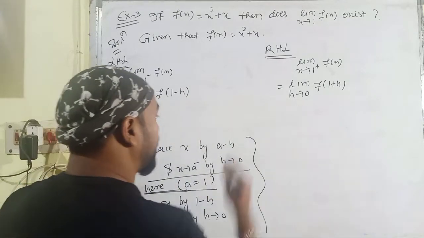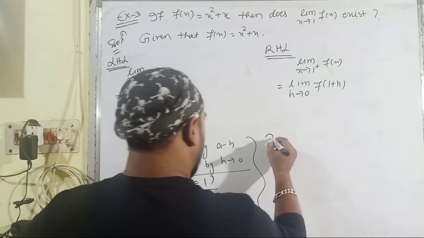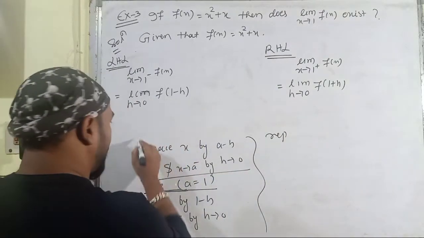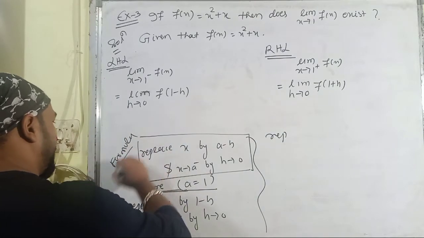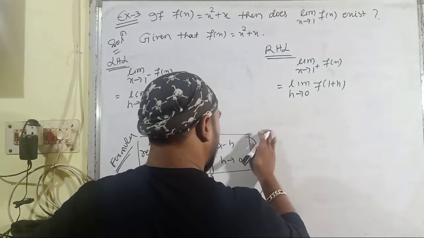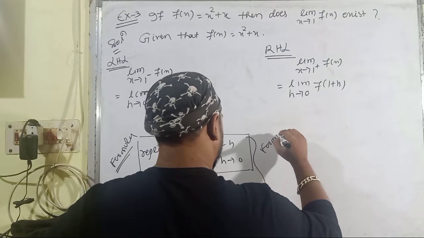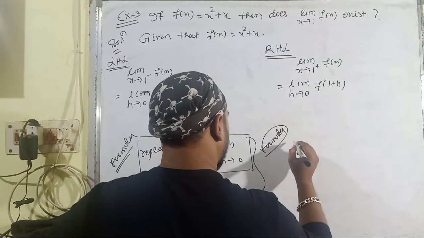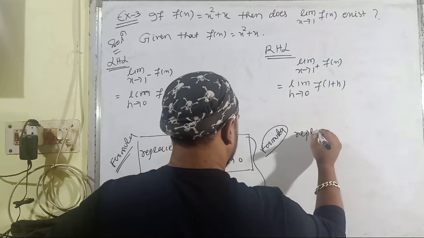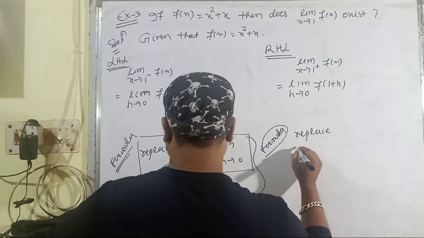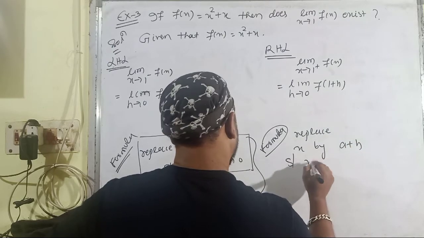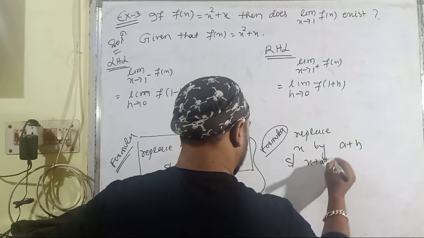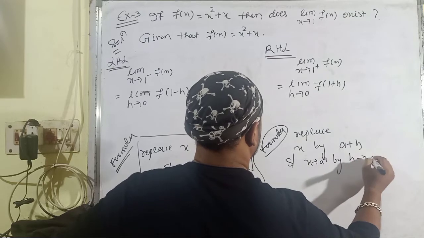Similarly, in the case of the right hand limit, it is the genuine formula. So the formula is, we have to replace x by a plus h, and x tends to a plus by h tends to 0.